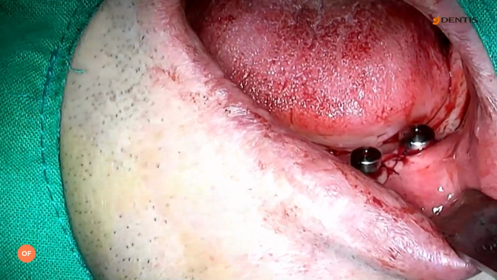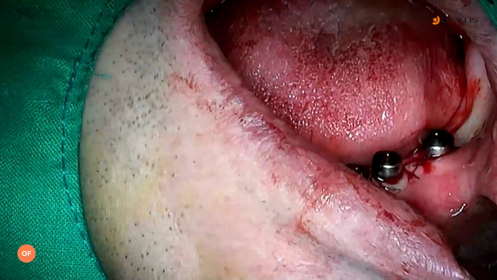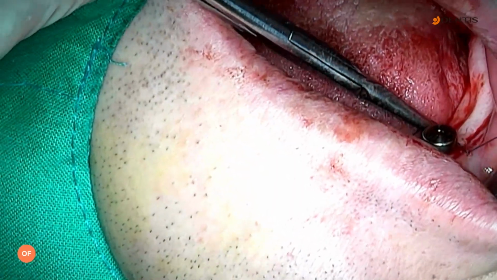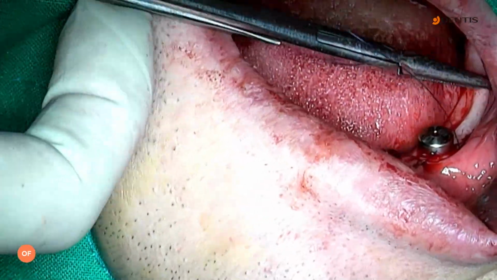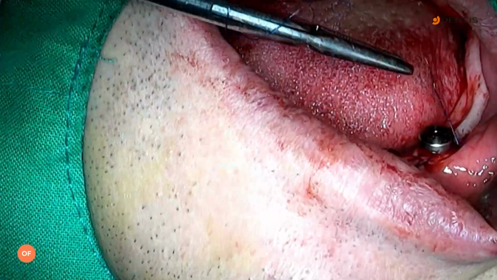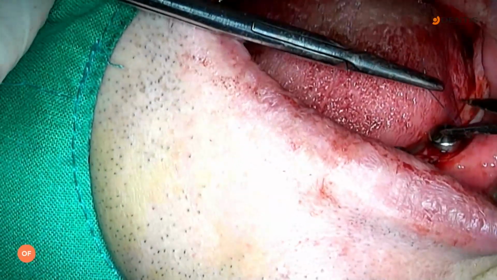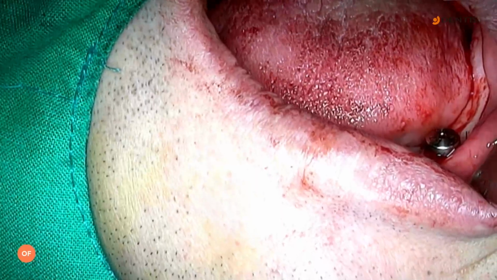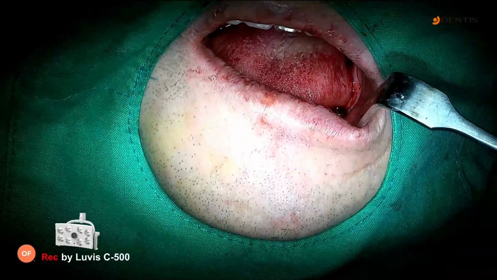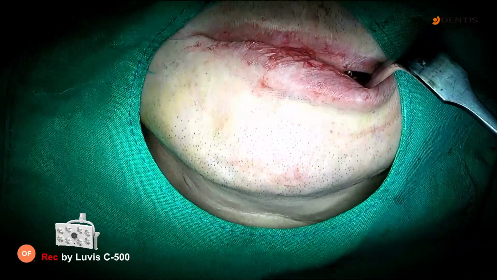Okay, final 1 suture. Okay, I finished it. Next, healing cap removal, one by one. At the time, please mark and record the healing cap sequence.